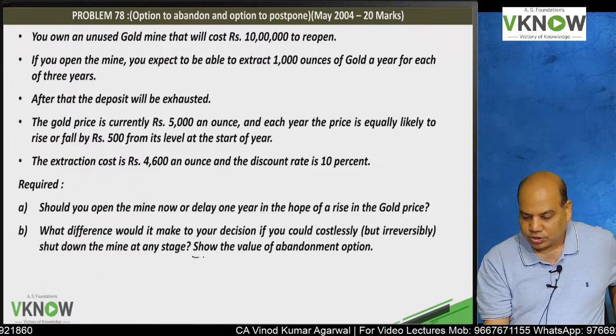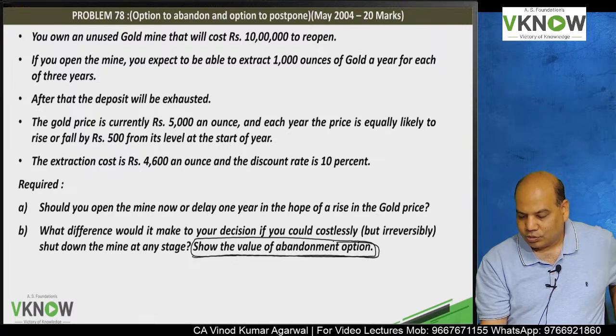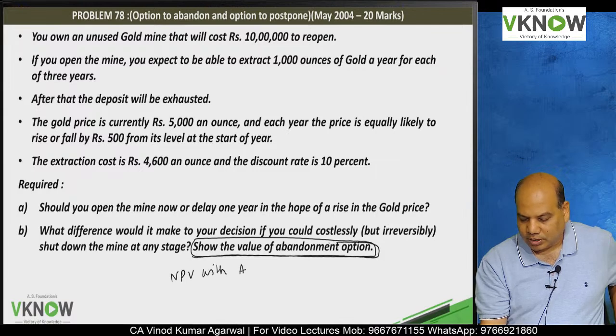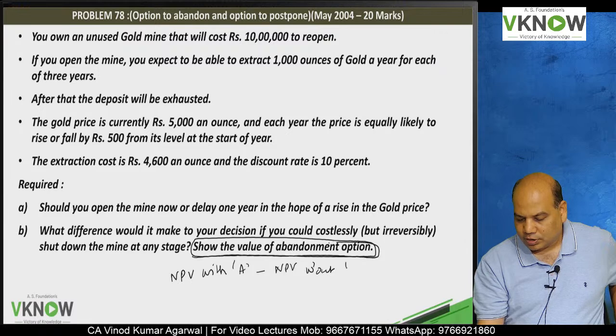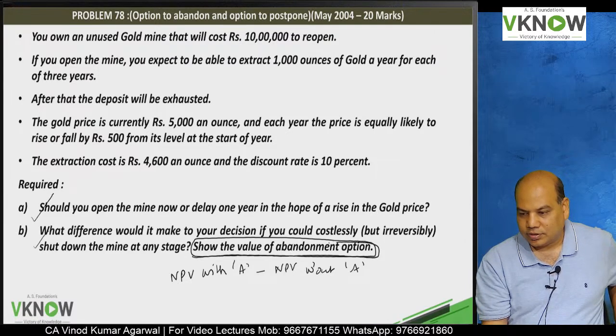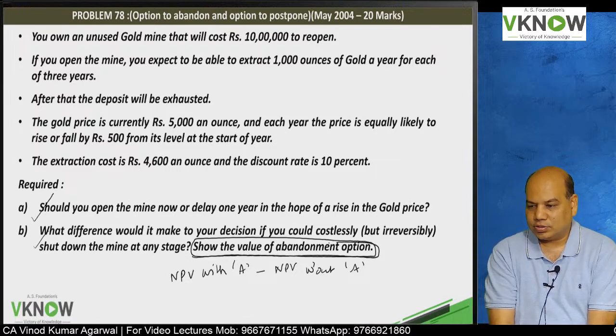One more question, show the value of abandonment option. Value of abandonment option means NPV with abandonment minus NPV without abandonment. So this answer minus this answer will be the value of abandonment option.